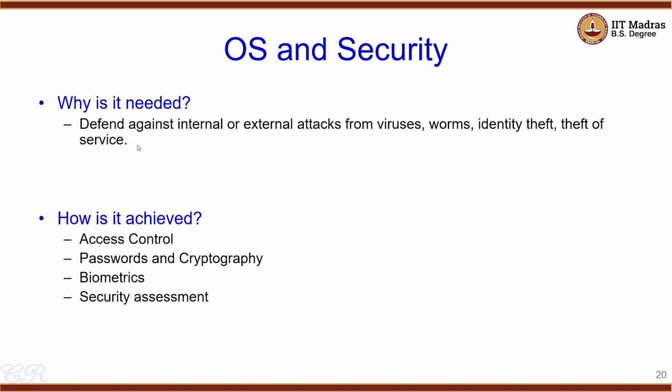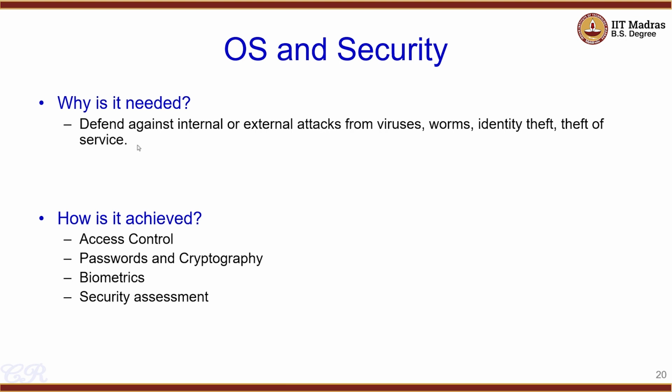These attacks could come in the form of viruses, worms, malware, and so on, and any such attack on your system could be disastrous. Operating systems have several components, very few of which are detailed here, such as passwords and cryptography, access control policies, security assessment, biometrics, and so on, to ensure the security of the system and specifically of a user's resources.